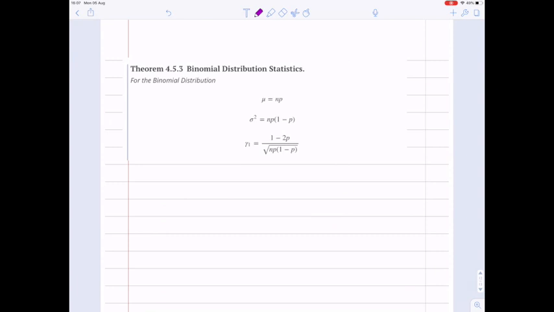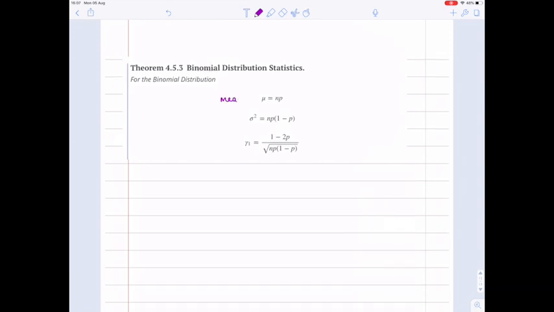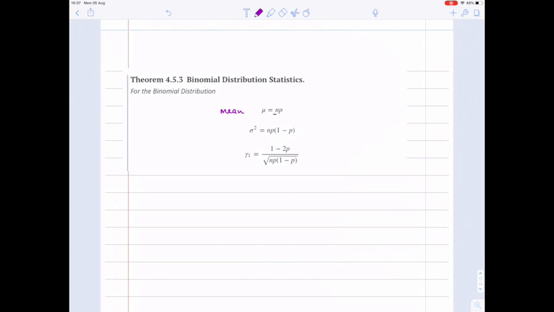So as we had with the uniform distribution, we need to know the distribution statistics. And here it turns out that our mean is n times p.